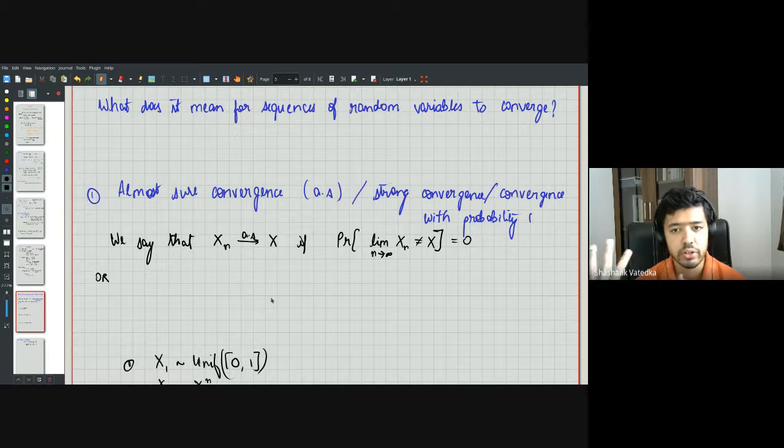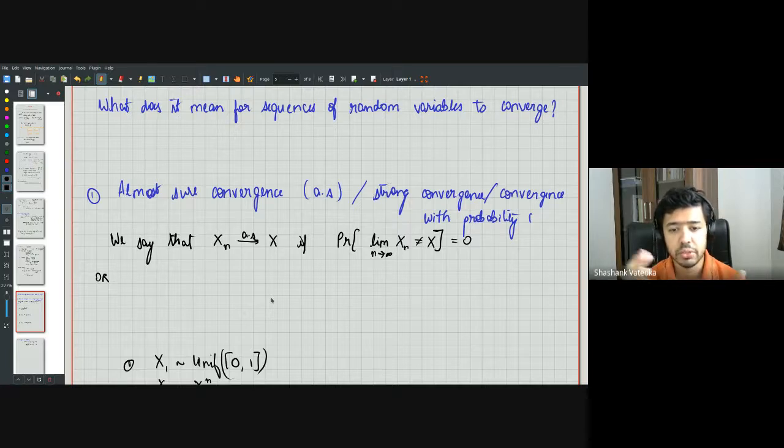We'll see three different notions of convergence, and in fact these are ordered. We'll start with the strongest notion of convergence, then go to something weaker, and then something even weaker. One notion is called almost sure convergence, also sometimes called strong convergence or convergence with probability 1. All these three terms mean the same thing.